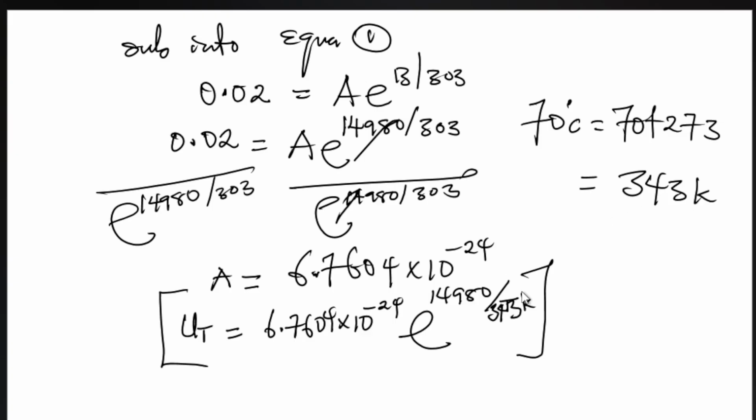So you impute the value for your given temperature here, which is 343, and you punch your calculator to get a certain value for your viscosity. Now looking at what we have here, if you punch this directly in your calculator, you simply have u subscript t to be 6.27 times 10 raised to the power of 17 Newton seconds per meter squared.